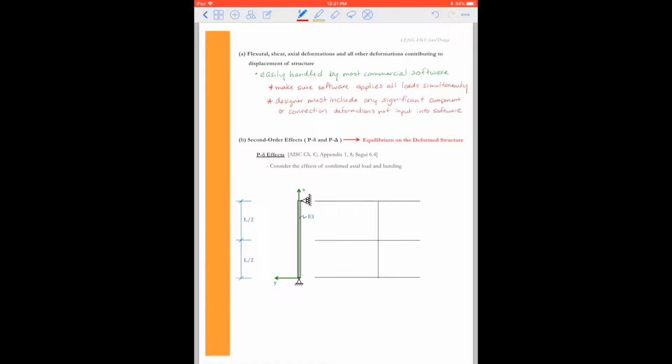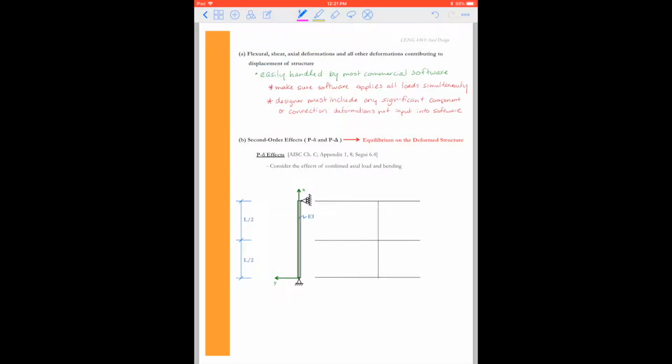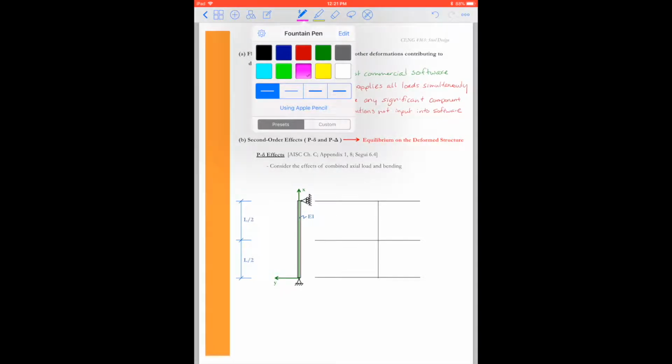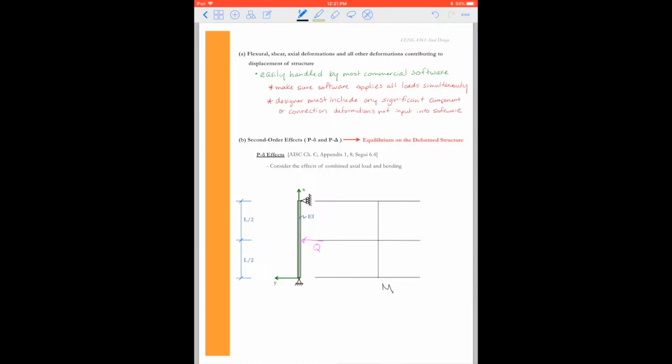If we put a horizontal load in here, I'll put it in magenta, and I'll just call this load Q. Here I want to sketch the moment diagram for the structure.